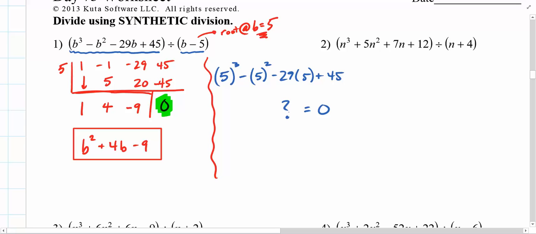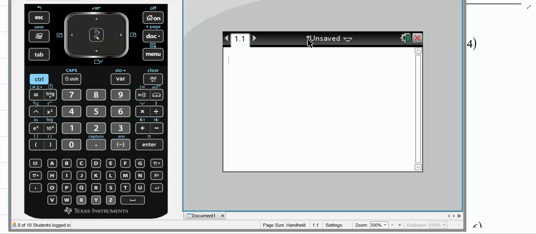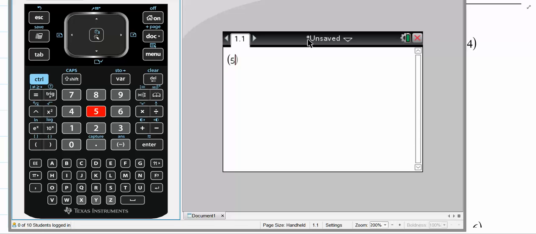In order to do that, I might go to the TI calculator to complete this all in one step. So over on my calculator, I will enter the parentheses 5 to the third power minus 5 squared minus 29 times 5 plus 45.